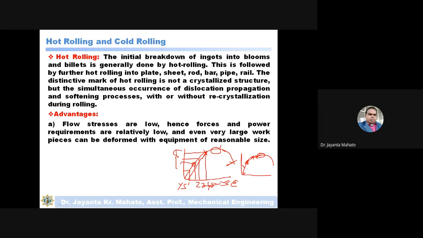These two stresses are mainly calculated from the tensile stress strain curve. So yield stress and ultimate tensile stress are also flow stress. Okay, sir, understood. Flow stress means all the stresses in the tensile stress strain curve, the stresses required to deform the material throughout the deformation.